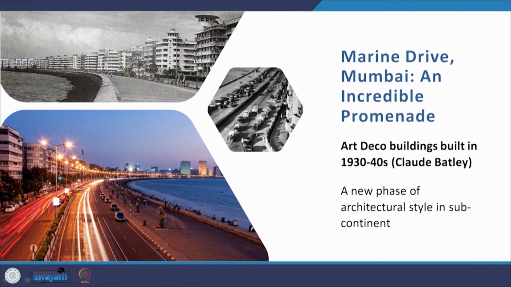and Claude Batley, who was both the principal of the JJ School of Architecture, which had been set up during that time, and ran a firm. So Claude Batley played a very important role in the formative years of modern architecture just before and after independence. So this was a new phase of architectural style in the subcontinent.